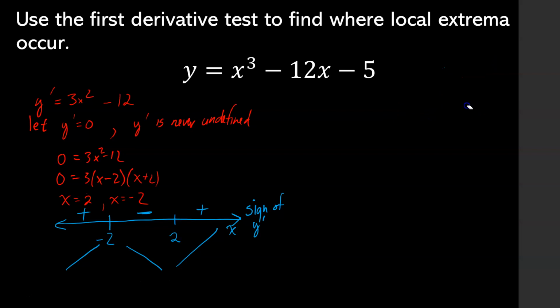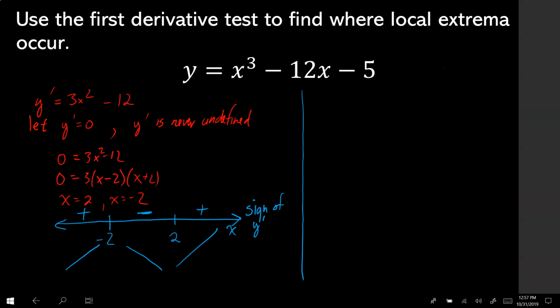So, I actually have to justify, that's the most important part, which is just explaining what's going on in this sign chart. And hopefully you can tell, we're going to talk about x cubed minus 12x minus 5 has a local maximum at x equals negative 2. x cubed minus 12x minus 5 has a local minimum at 2.